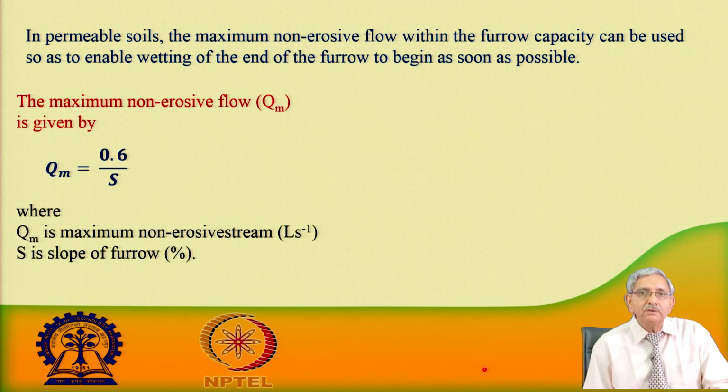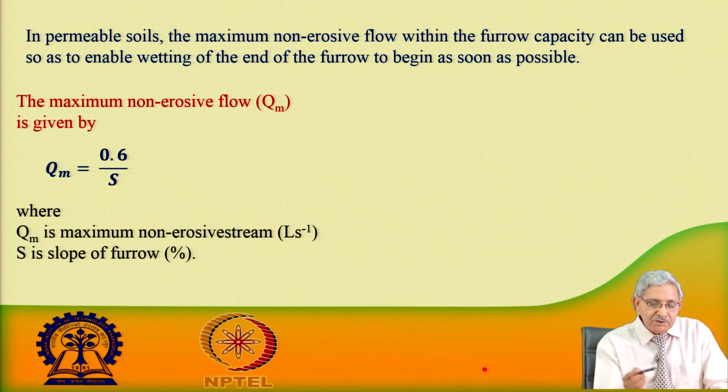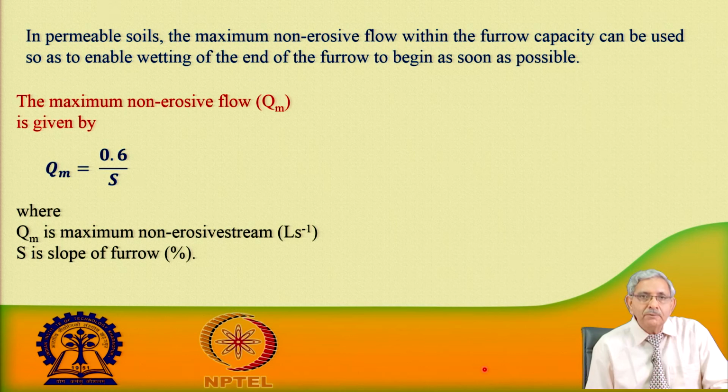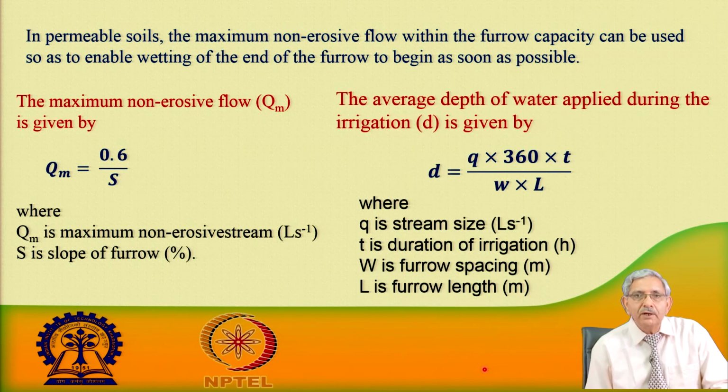Maximum non-erosive stream size is given by q_m = 0.60/s, where s is the slope of the furrow. This is an empirical relationship which is adopted. One can also find out the depth of water applied during irrigation.